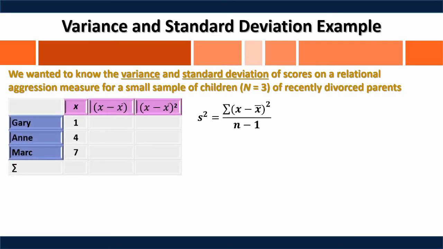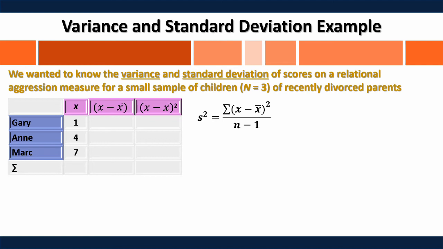Remember that the mean or average is found by summing each individual score and dividing it by the number of scores we summed. So in this case, we would take 1 plus 4 plus 7, which is equal to 12, and divide that by 3 because there are 3 children's scores, which gives us 4. So the average relational regression score for the children in our sample is 4.0.